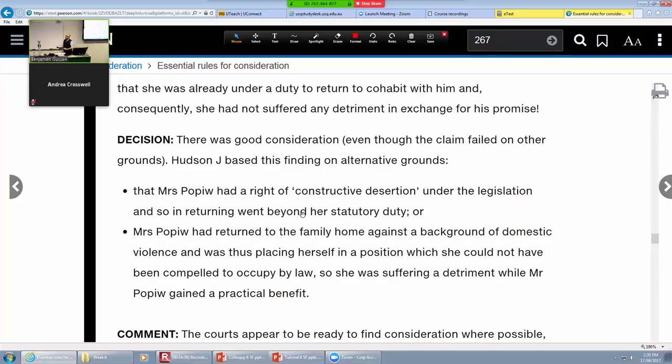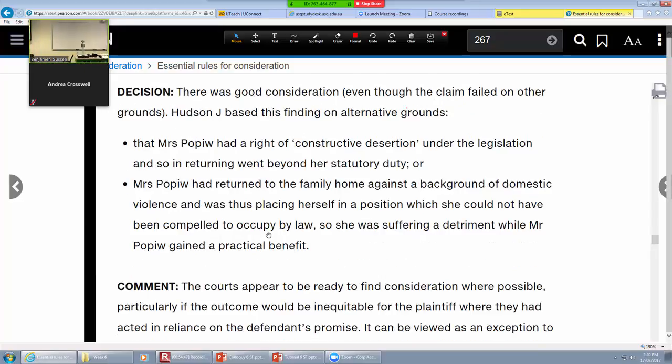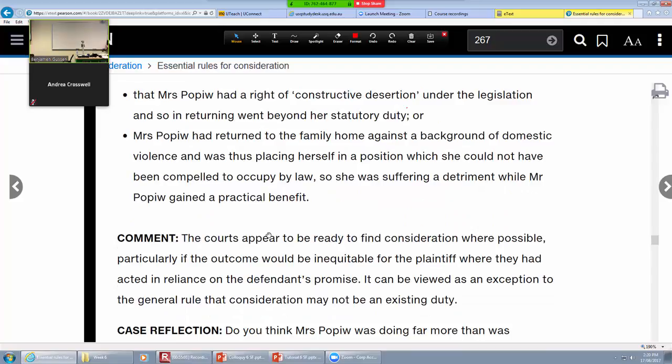There was good consideration. How? Even though the claim failed on other grounds, they said what? Mrs. Poppy had a right of something called constructive desertion. So they said even though she has this duty she still has the right of a constructive desertion under the legislation, and so in returning she went beyond her statutory duty.